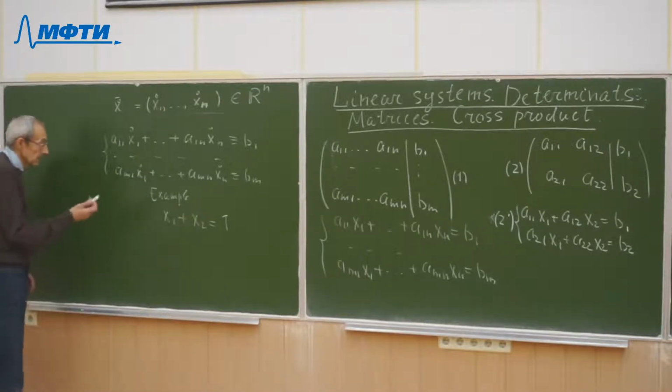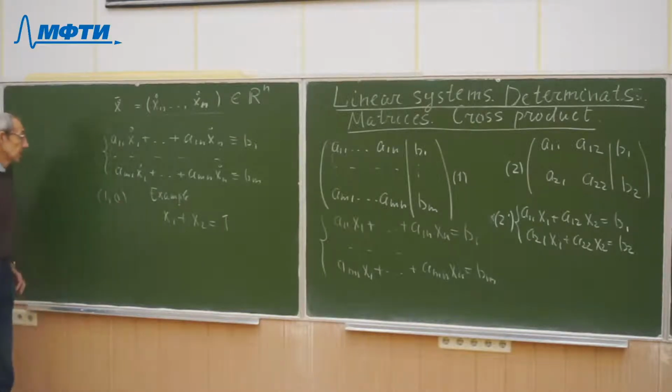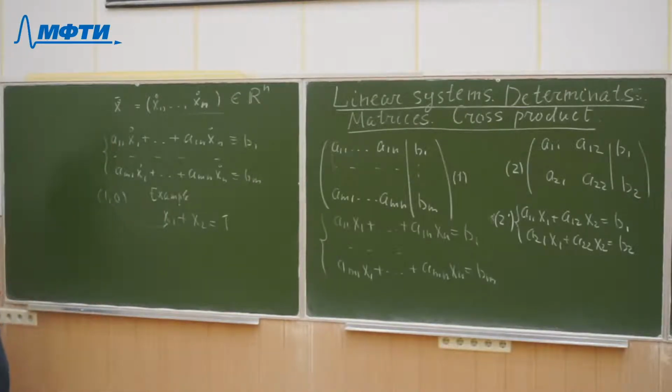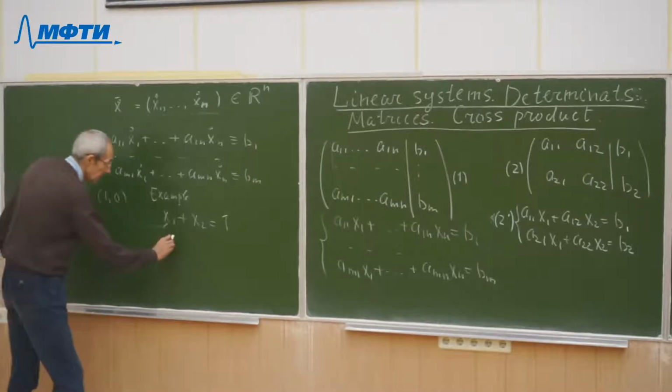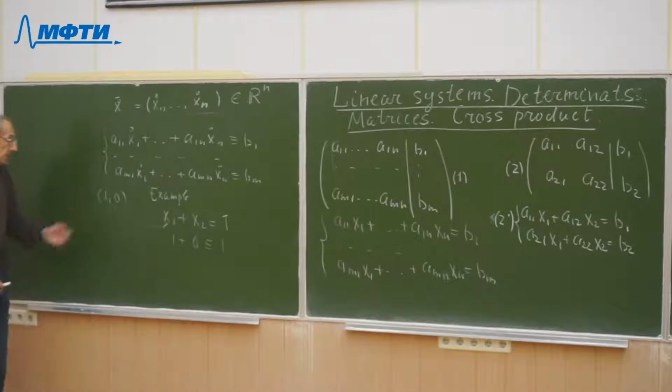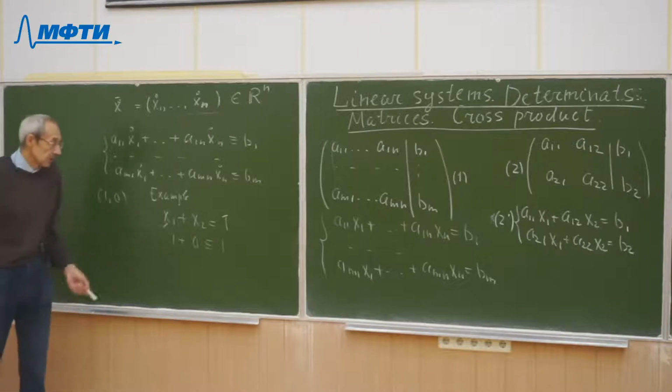We can consider, for example, the two-tuple (1, 0), and if we substitute this tuple in the equation, we obtain an equality, so this pair of numbers is a solution of this equation.